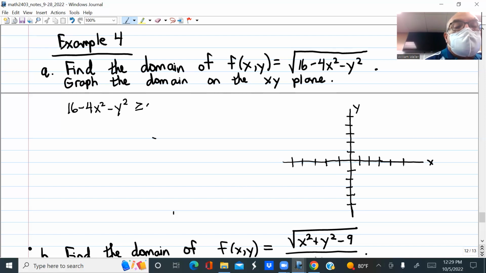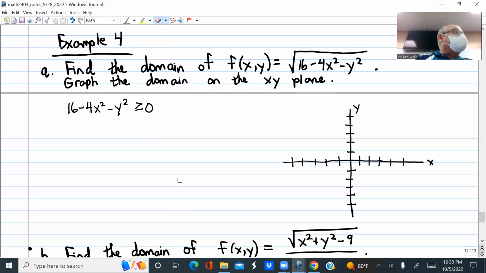So we want it to be positive. So we have to figure out what values for x and y are we certain will make this quantity positive. Or at least not negative. Doesn't have to be positive, but not negative.